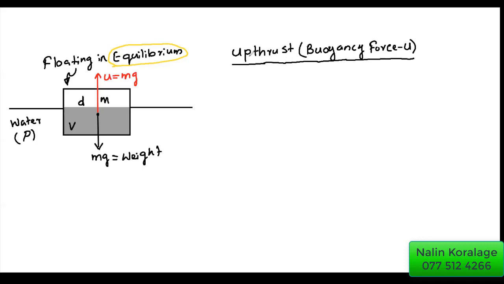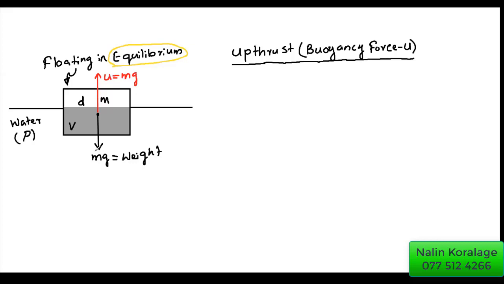Why is it called up thrust? Because it's always vertical. Why? Because I told you that the purpose of this force is to cancel that object's weight. In order to cancel the vertical weight, the force which is going to cancel that vertical force should also be vertical, upwards.